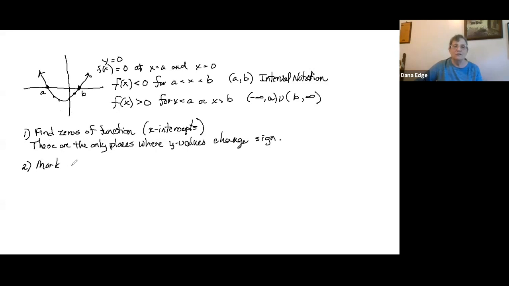We want to mark the zeros on a number line. And then we want to find any x value in each interval to use as a test point.